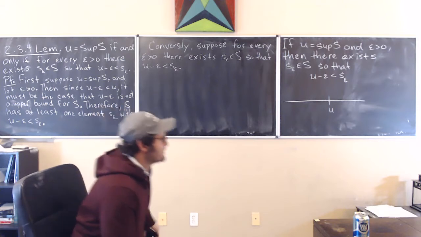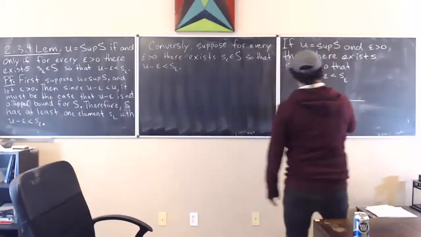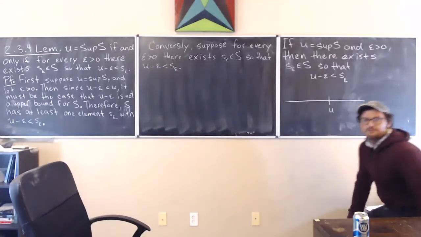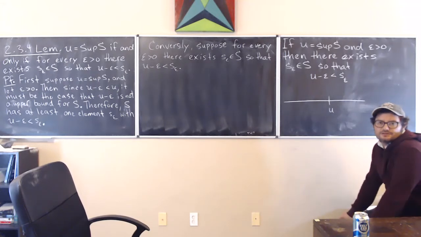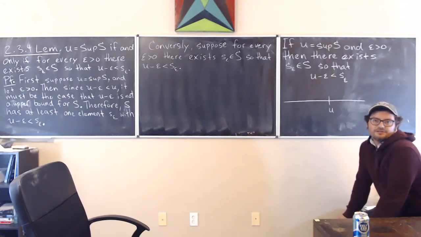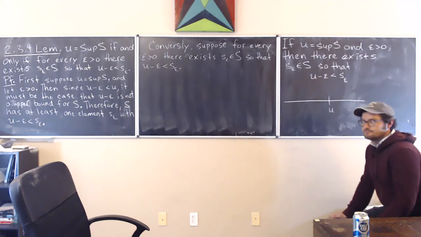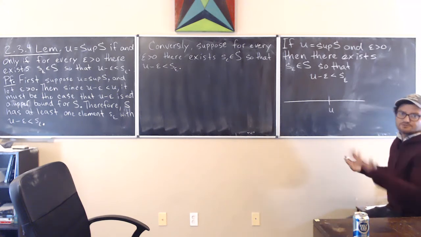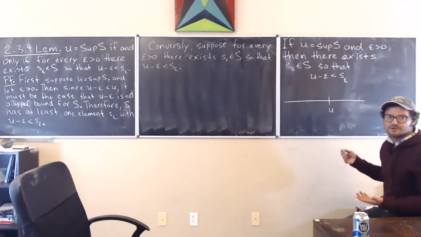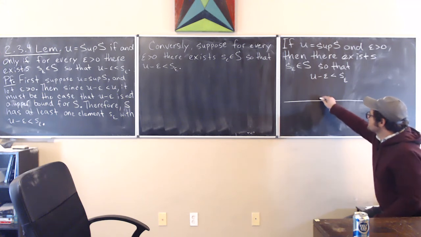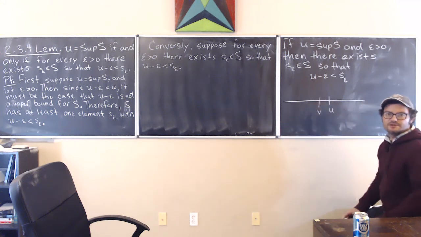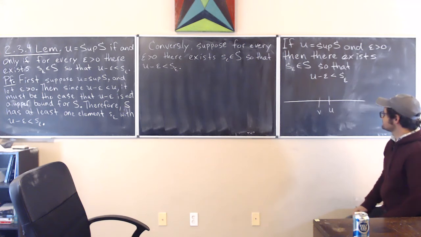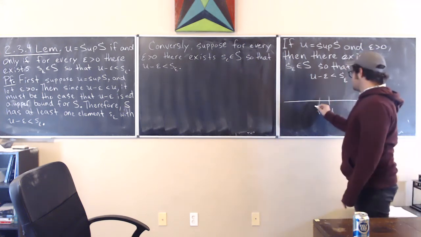So notice over here I drew U. Then I'm going to suppose that U is not the least upper bound. That's the contradiction part. So if it's not the least upper bound, then there's some V that is the least upper bound, right? So what does that mean?